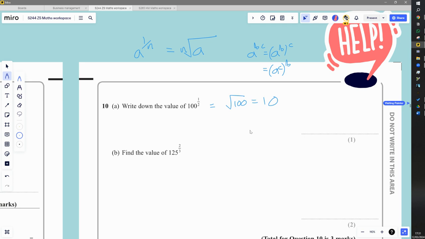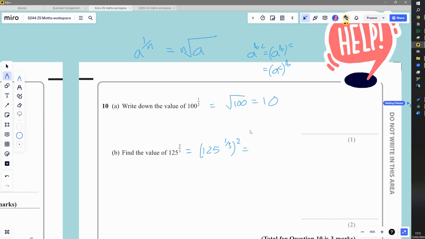So that would mean that I could say this is the same as 125 all to the power of a third, and all of that is squared, because 1/3 times 2 is the same as 2/3.